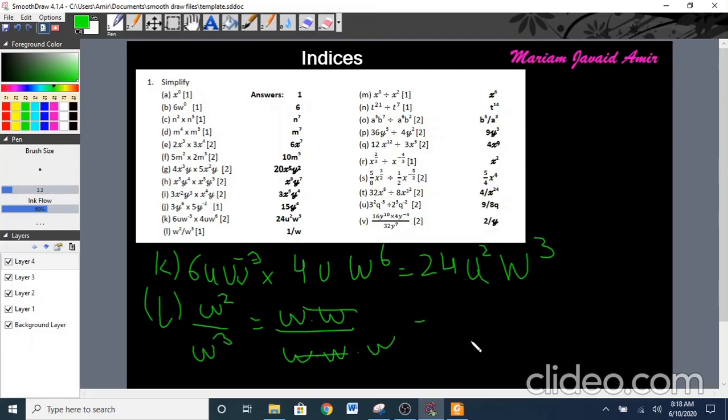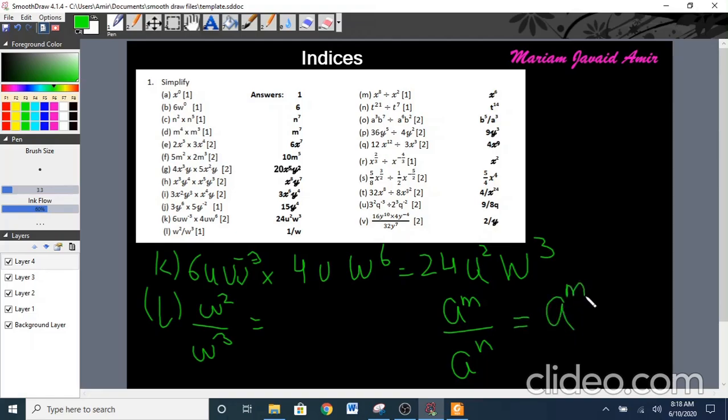Another way of doing it is, keep this formula in mind. If a^m gets divided by a^n, bases are the same and the terms are being divided, so you get a power m minus n.